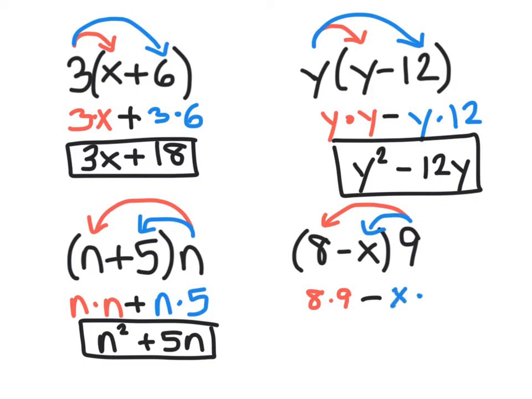Now you notice this time I used 8 times 9 and x times 9, unlike over here where I did the n at the beginning. But it doesn't matter because multiplication is commutative. Now to simplify, 8 times 9, 72, minus x times 9, which again I'm going to bring the 9 to the front, 9x.